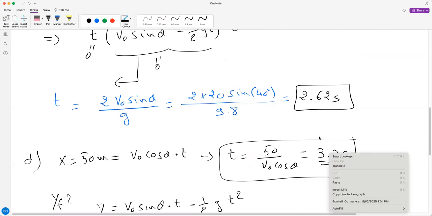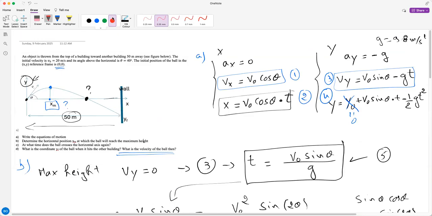We can explain it in the figure. This is the direction of the velocity at this point. You can clearly see that along the x-axis, the projection is positive, and along the y-axis, the projection of the velocity is negative.